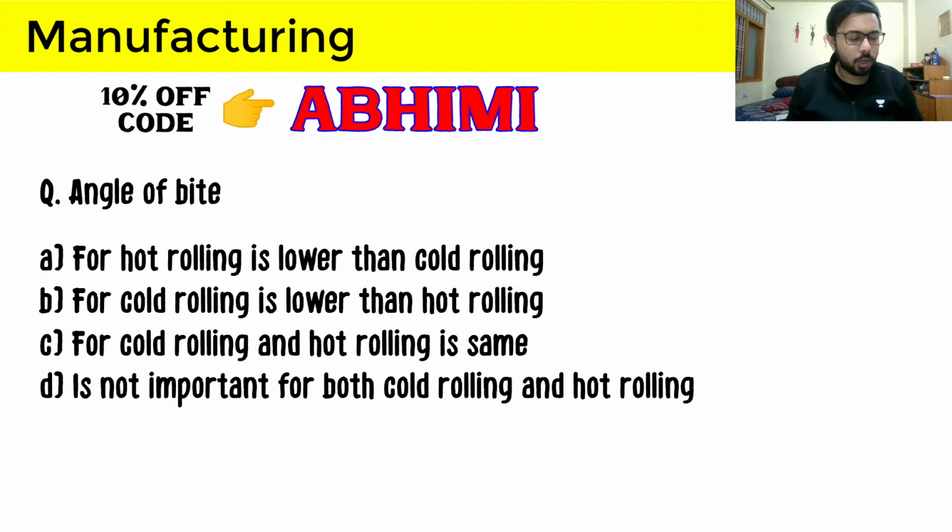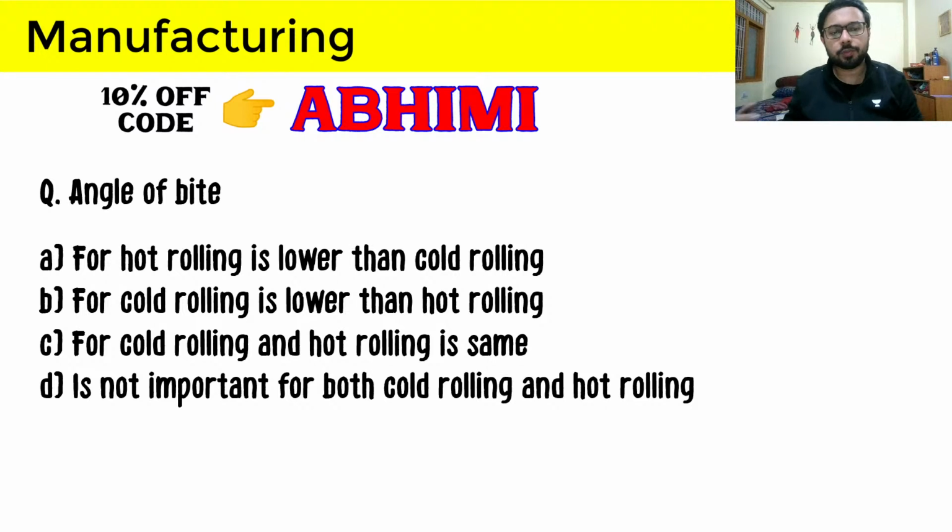First of all, you have to know what angle of bite represents. This is one of the easy questions, but you have to keep in mind what cold rolling is, what hot rolling is, and what angle of bite is.